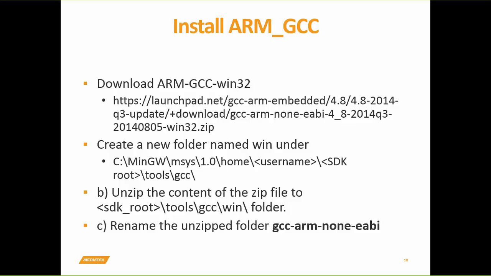The unzipped folder you have to copy again under the MinGW msys 1.0 home username, where you have the SDK root we just copied in. Under the SDK root, you will find a tools folder and also a GCC folder. You just copy it into the GCC folder.